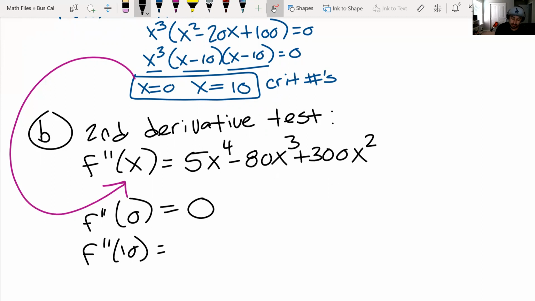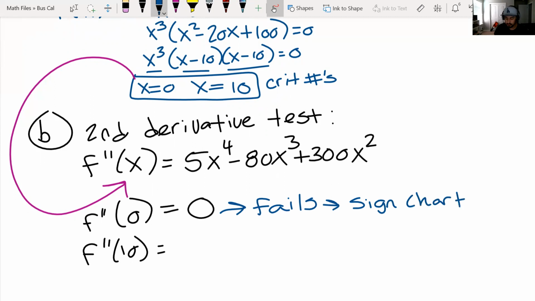So this means that the second derivative test fails. And if it fails, guess what that means? We have to make a sign chart. Okay, but that doesn't mean 10 is out of it just yet, right?